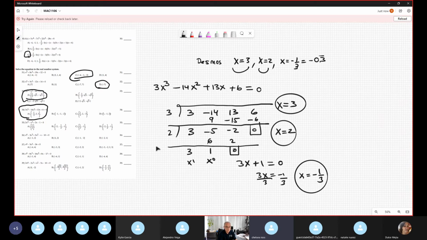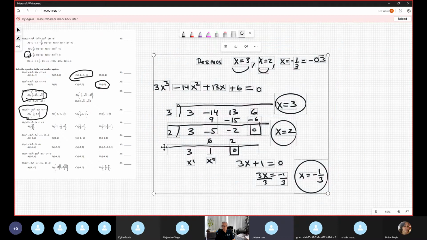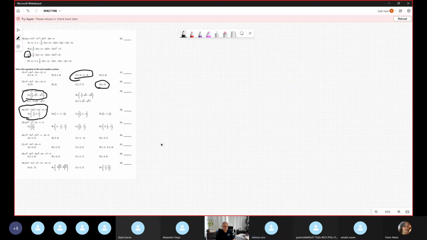Number 35 is 2x cubed minus x squared plus 2x minus 1 equals 0.